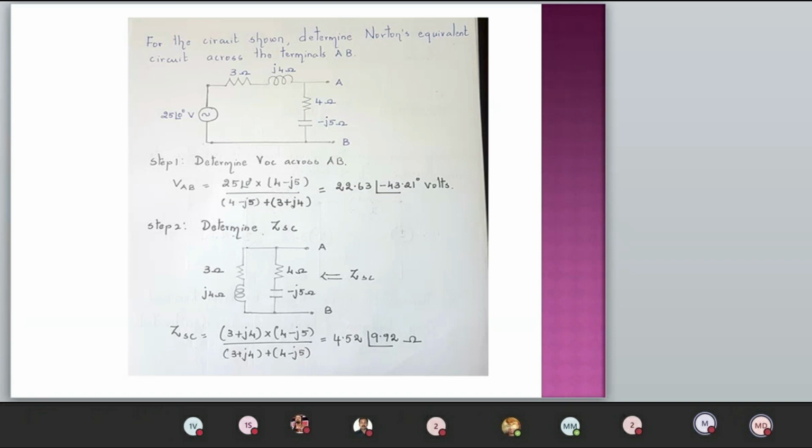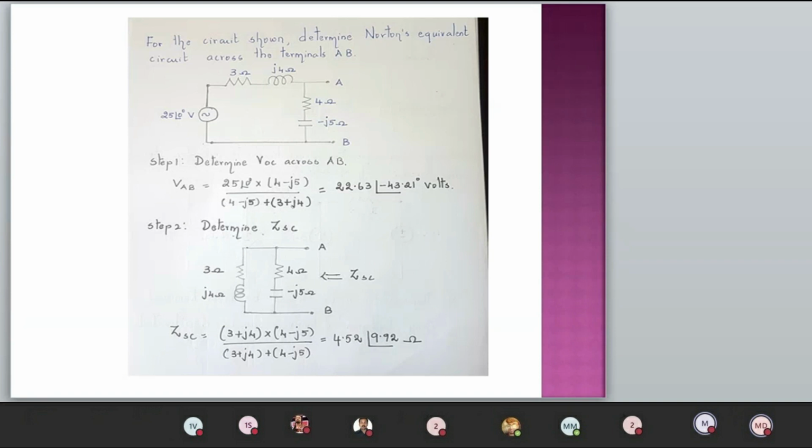I is equal to V by Z, and then V is equal to I into Z. Okay, but that will be too lengthy, and not only lengthy, it is time consuming. Instead of that, I'm using voltage division rule. So open circuit voltage across AB is V into Z1 divided by Z1 plus Z2.